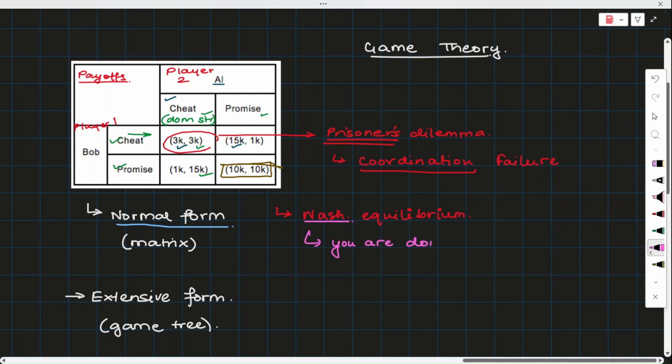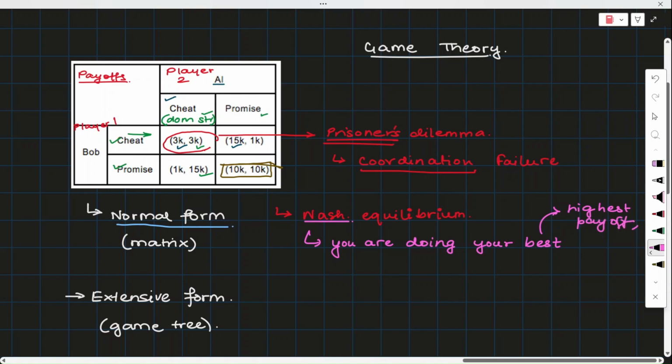So these responses that we were choosing for Al and Bob, remember we were choosing the one that gives the best payoff. So your best means it provides the highest payoff. That is what we mean by doing our best. It provides me the highest payoff.